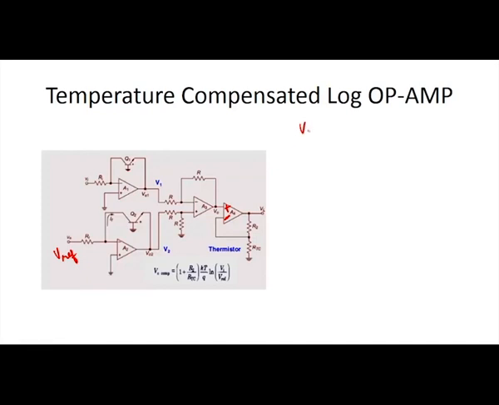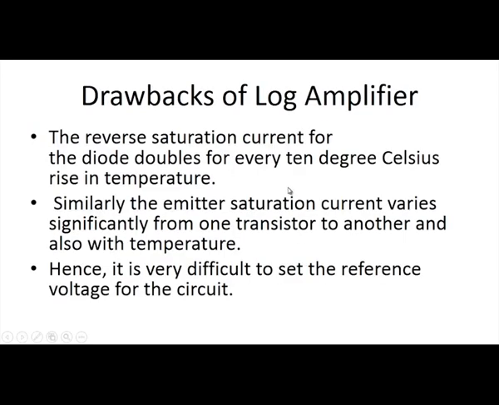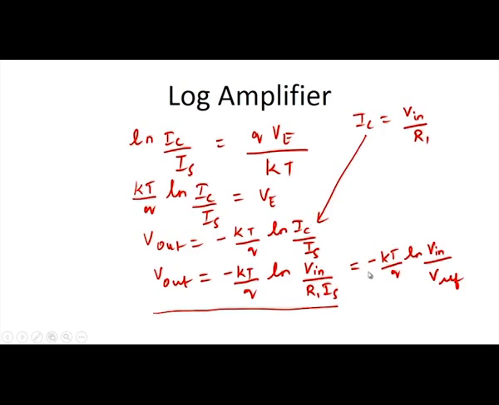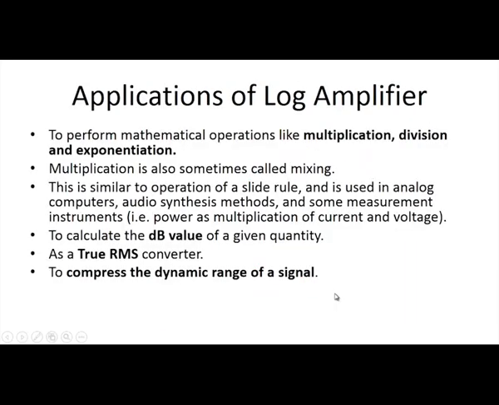So now we can straight away write an equation for V1, because we have just now derived the output of a logarithmic amplifier, which is minus KT by Q natural logarithm of V in divided by V reference. V reference is actually R1 IS. R1 is the input resistance, IS is the saturation current.